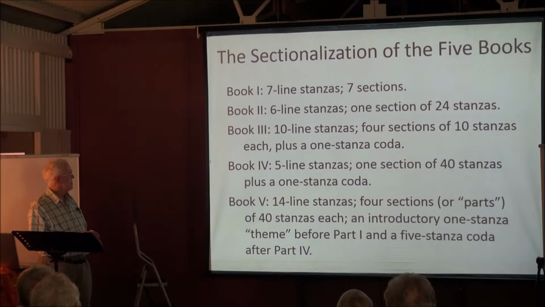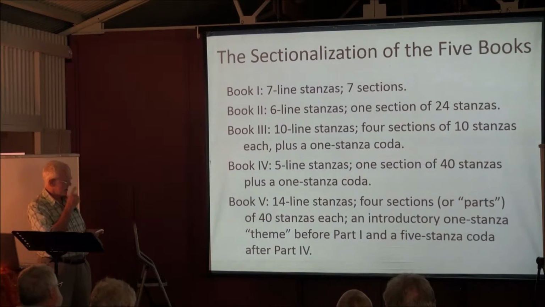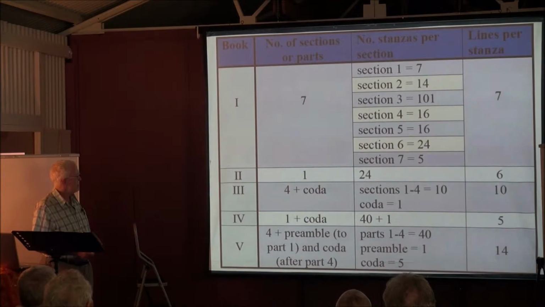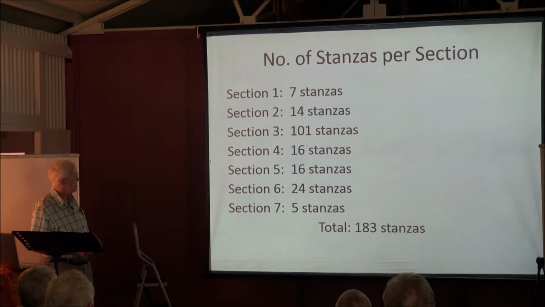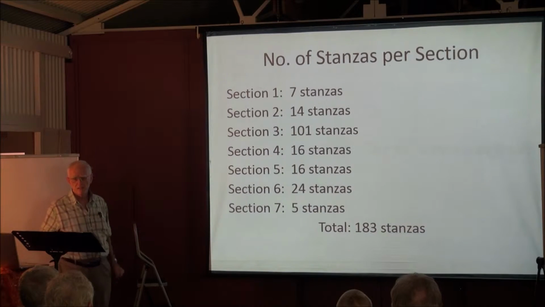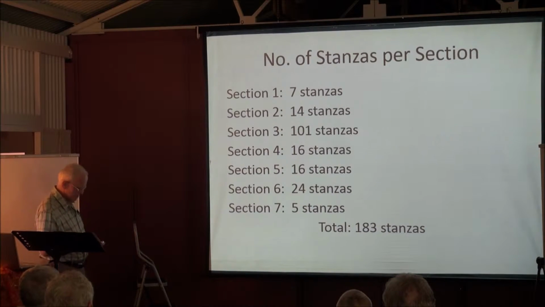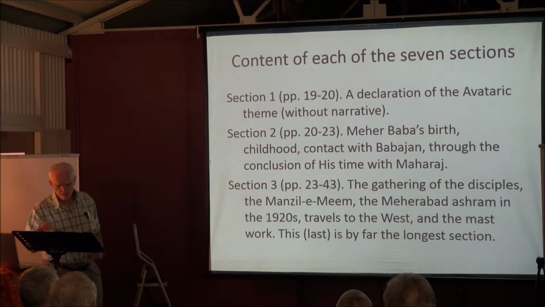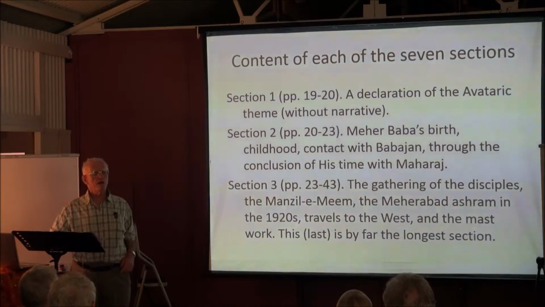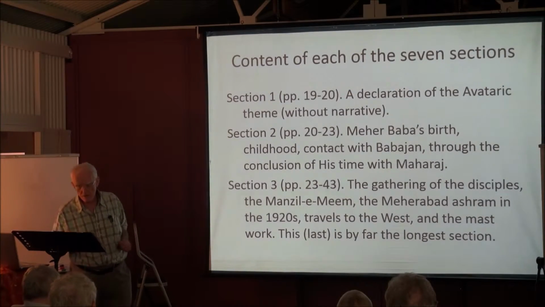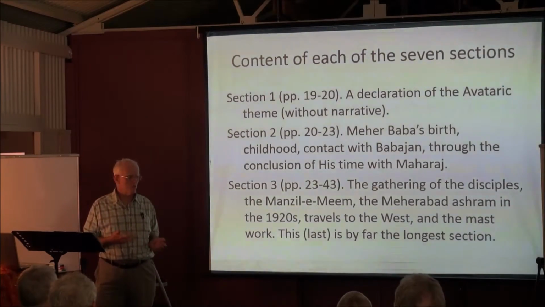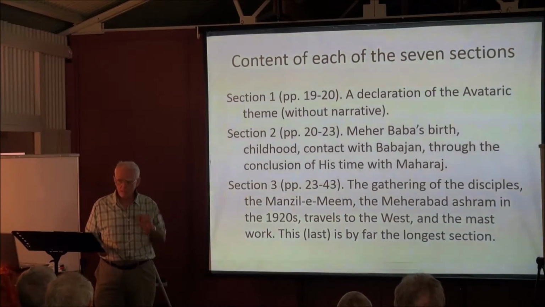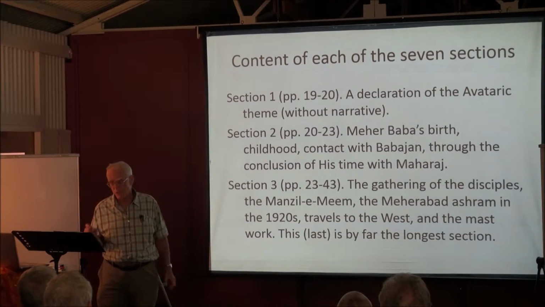And now, this is how he has divided up his subject matter. Okay, again, 7, 14, 101, 16, 16, 24, and 5. Those are the numbers that he's used for his 7 sections. And it can be characterized as a biographical narrative interspersed with numerous thematically significant digressions.